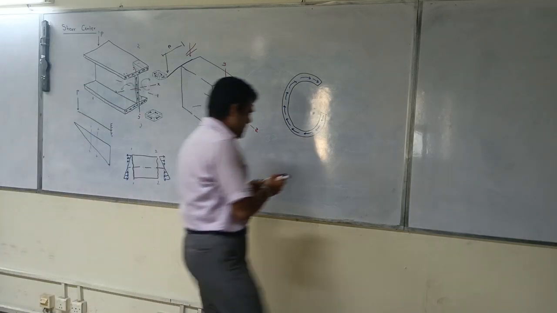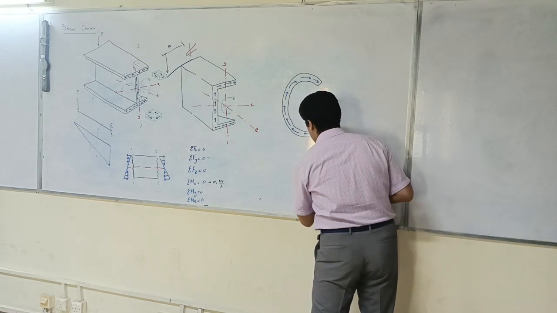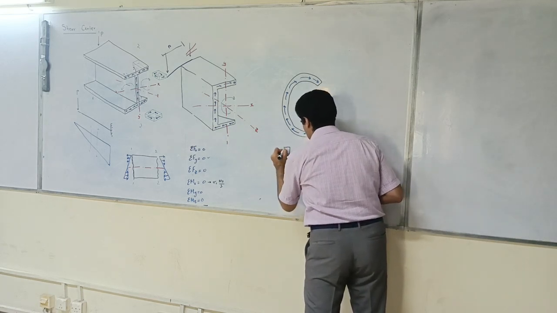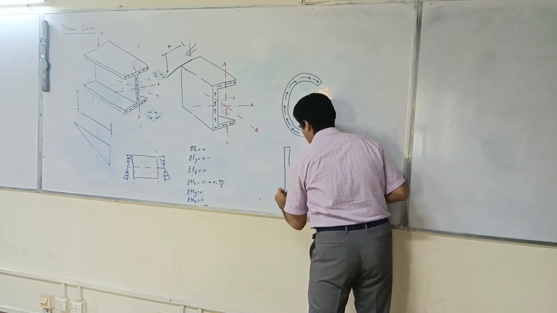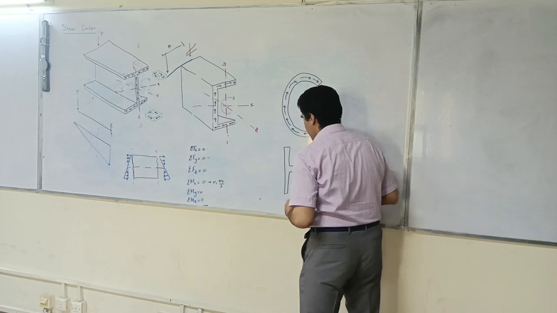Okay, so what will happen if we have a cross section like this one?